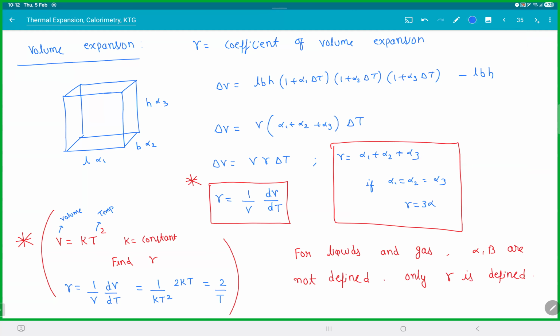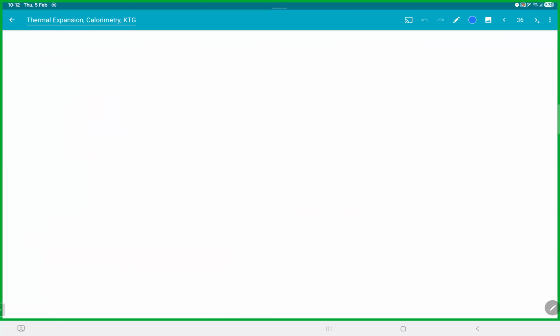This is your volume expansion. Now, when you increase the temperature, the liquids will expand, and when liquids expand, the density changes. So this leads to variation of density. We know density rho is nothing but mass by volume, and mass does not change with temperature.